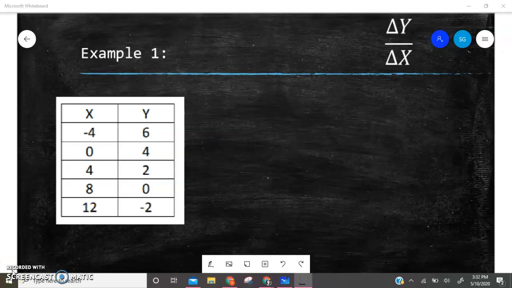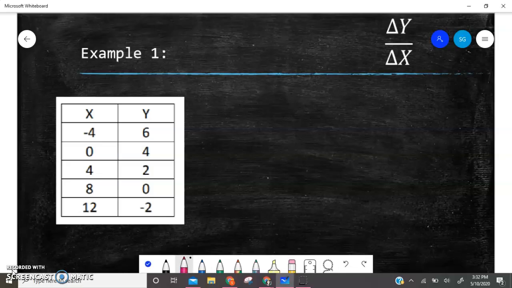Now on a graph, I could visually select two ordered pairs and figure out the distance between them. And we said that was called rise over run. What that technically meant is we were trying to find how y was changing and putting it in a ratio over how x was changing. Now in math, instead of writing the word change each time, we are going to use a triangle to represent that.